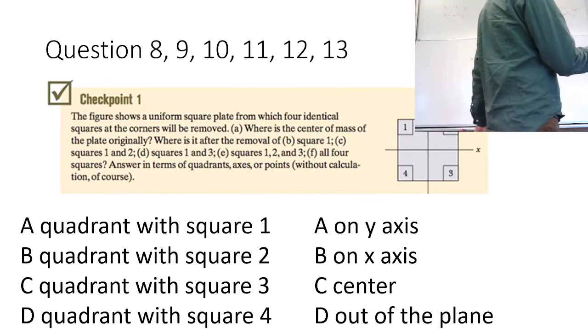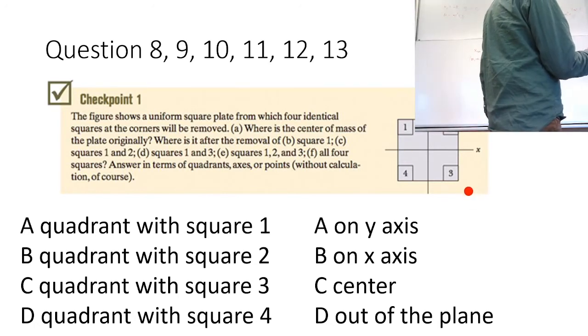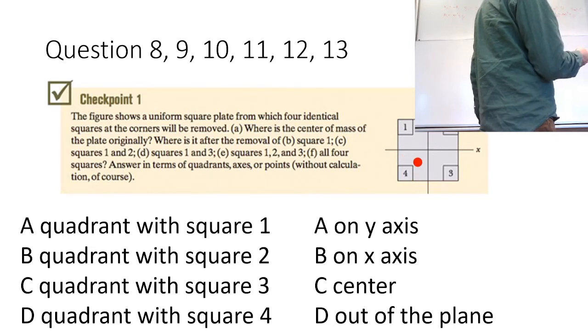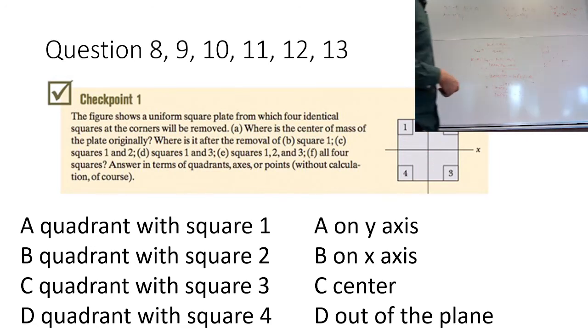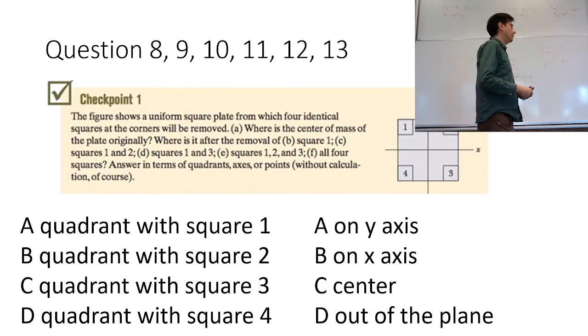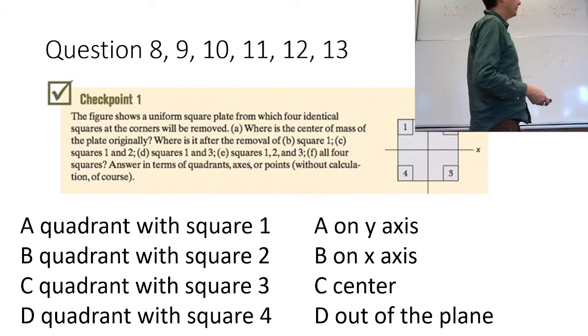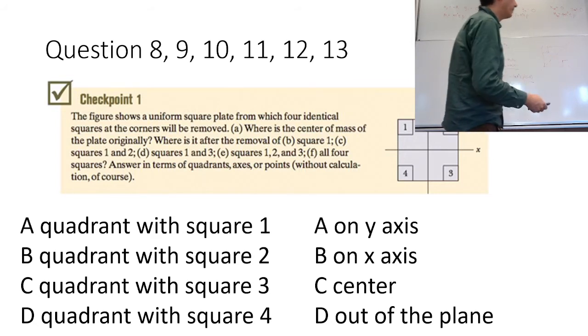So if you remove these 3, then again there's a sort of a symmetry line along here, but now it's obviously heavier on this side, so you better go along this diagonal this way. Yeah. So all 4 squares? Yeah, it has to be the origin. Again, it's sort of symmetrical along x and y too.